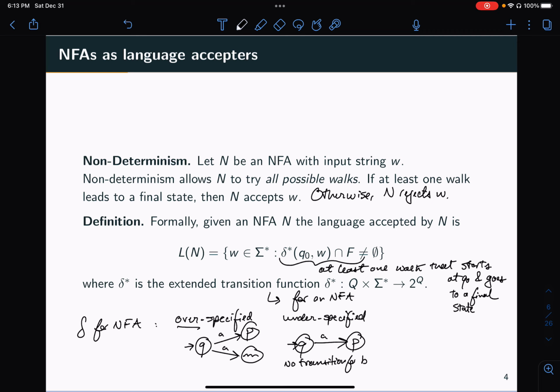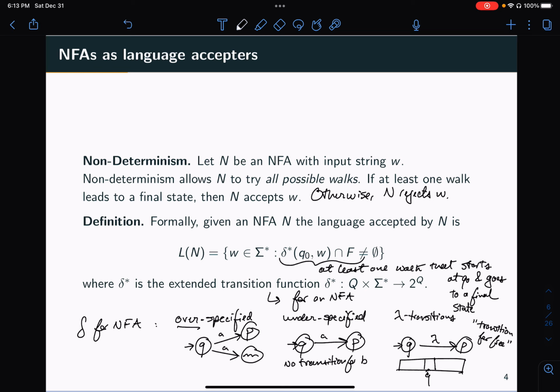And finally, you can allow lambda transitions. And so what that means is if you're in Q and you go to P with a lambda transition, that means that you're essentially going from Q to P while still looking at the same symbol. And so this is what you could call a transition that's for free, okay?